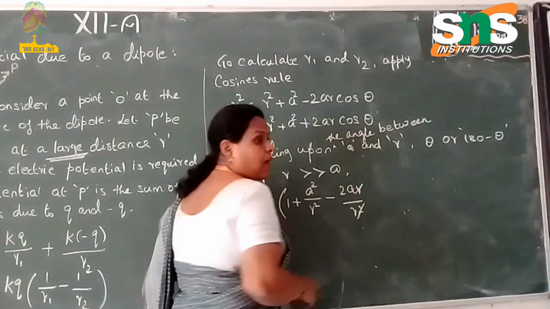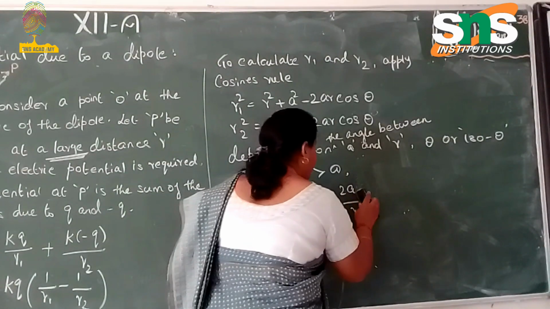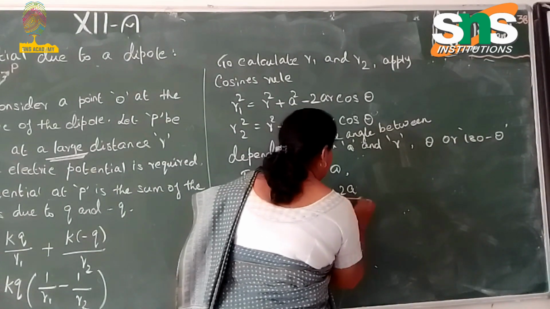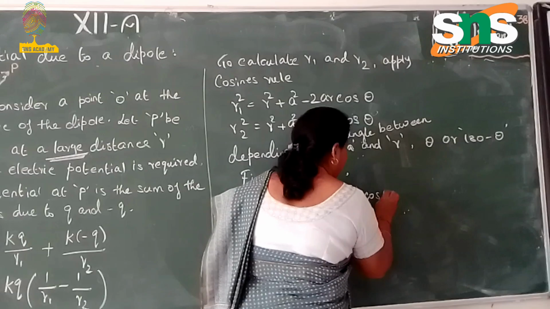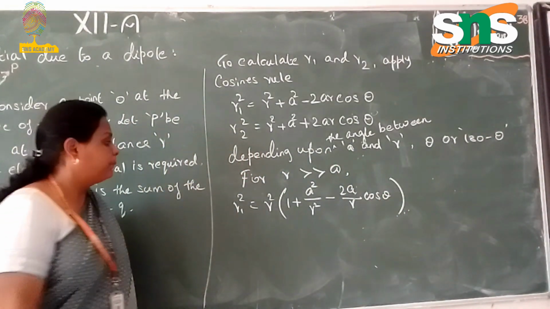This square and this R will get cancelled, am I right? So straight away I am writing it as 2A by R. Hope it's clear for you.